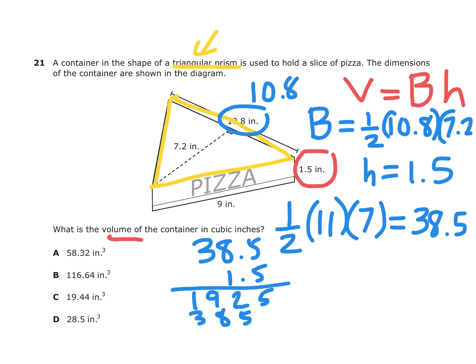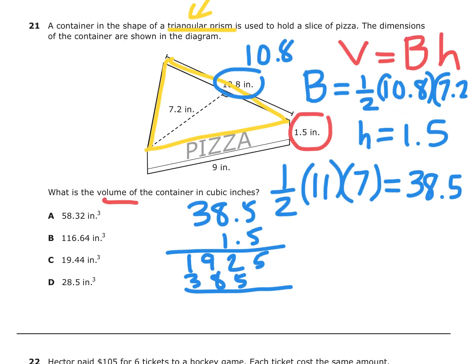And then we wind up adding these. We're going to, this would be 5, 7, 8, 9, 17, carry 1, 4 and 1 is 5. So about 58. So the closest answer to that is A, 58.